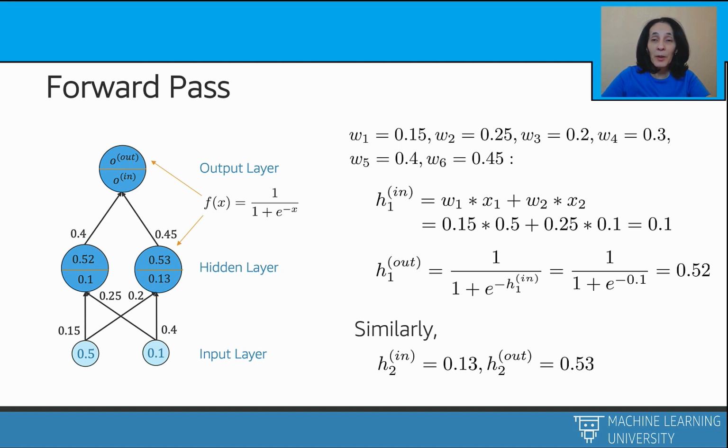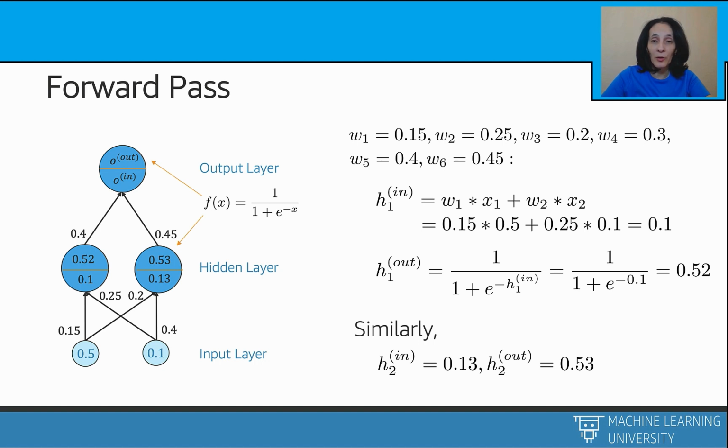With the inputs being 0.5 and 0.1, the weighted sum arriving at the first hidden neuron, H1, that will be H1 in, according to the values here, turns out to be 0.15 times 0.5 plus 0.25 times 0.1, and it ends up to be 0.1. This weighted sum will then be transformed by the sigmoid activation function into 0.52.